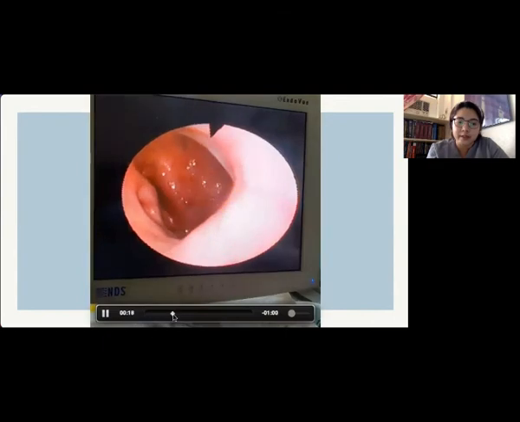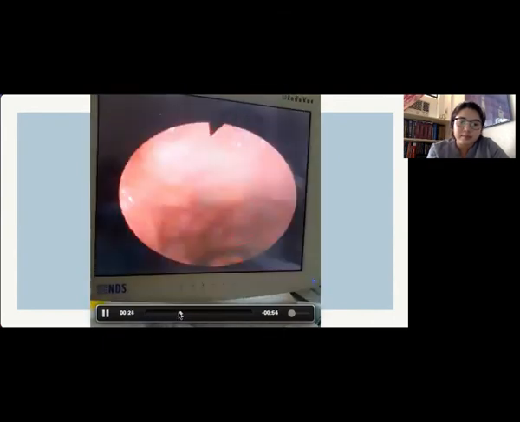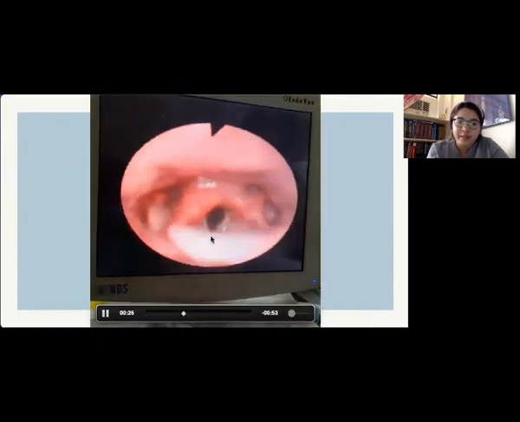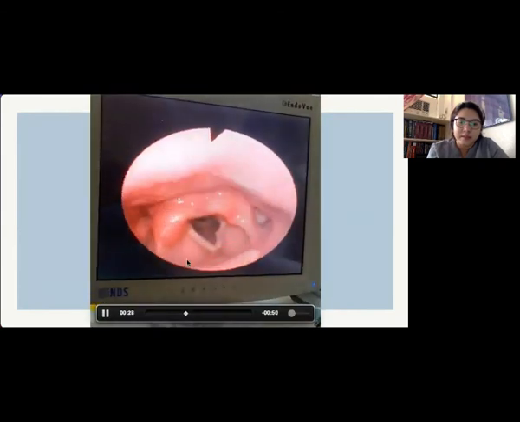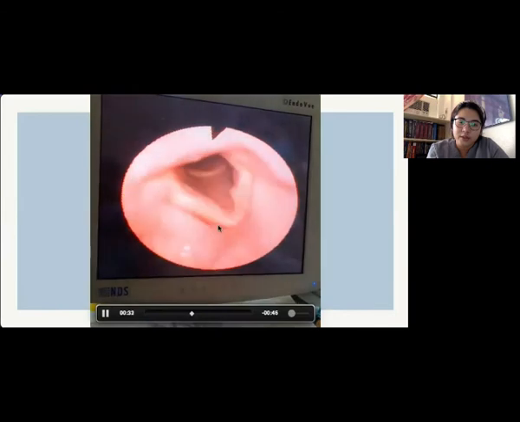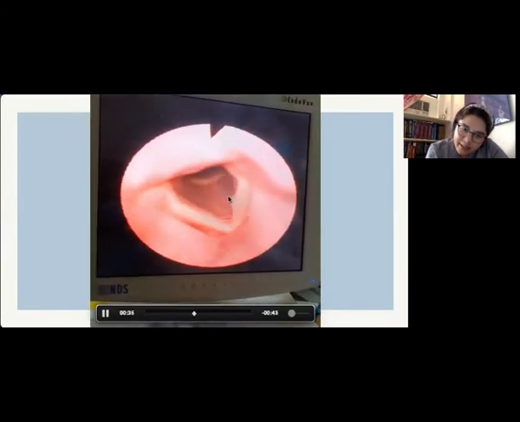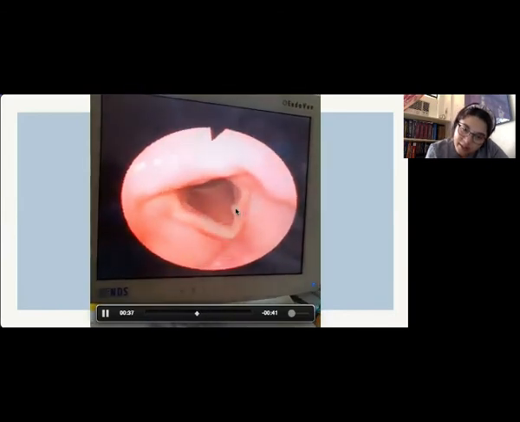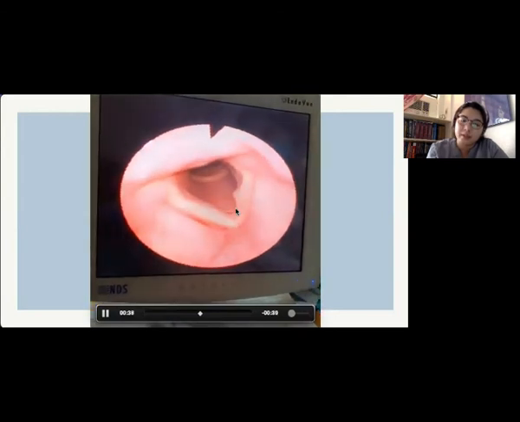As you move a little further, you can see the epiglottis. And then you can see the arytenoid bilaterally, false vocal cord, true vocal cord. There is a lesion on the middle third of the left vocal cord.